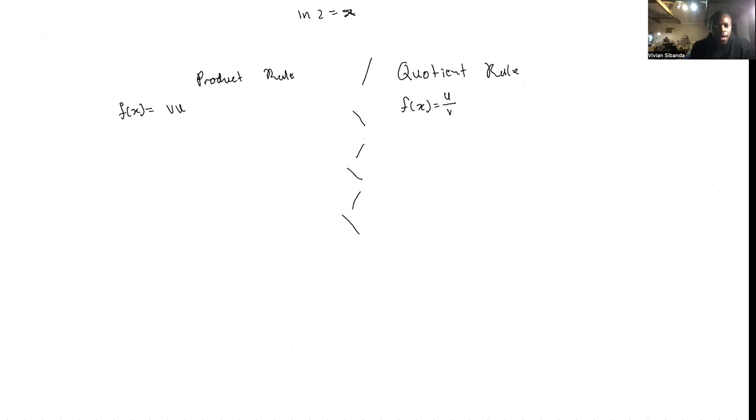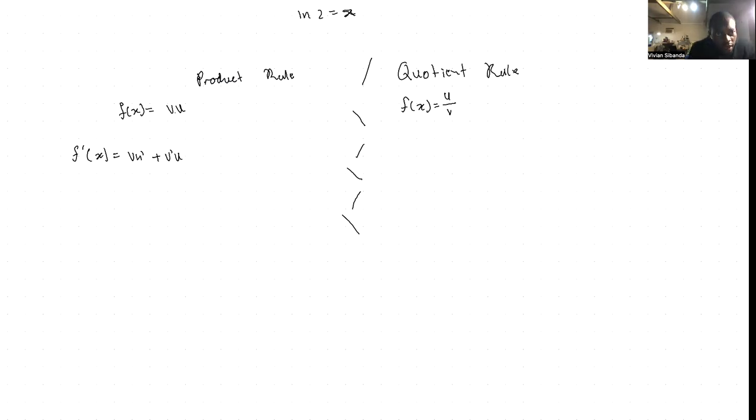So now we have this first part. The first part is basically the product rule. So the f prime, the first derivative of this function, is given by the product rule, since these two functions are multiplied together, which will be v u prime plus v prime u.